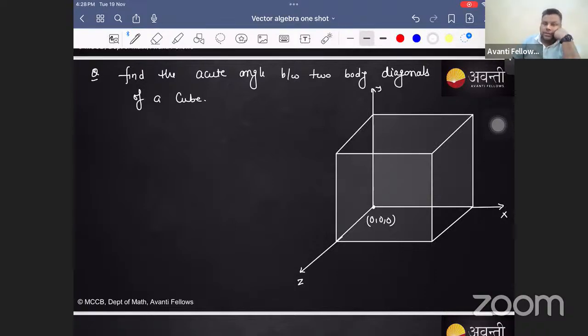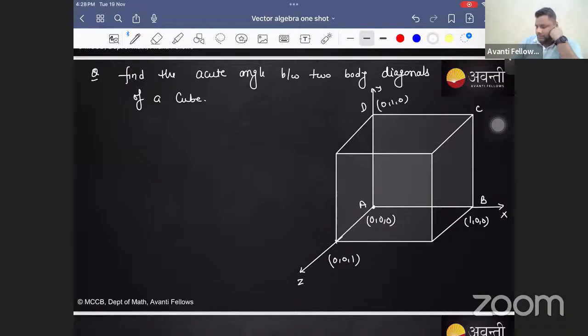All right. So if it is origin, let us assume length of the side of the cube is 1. So this vertex is going to be 1, 0, 0. This is 0, 1, 0. And this is going to be 0, 0, 1. I call it A. This is B. Let us call it C, D.